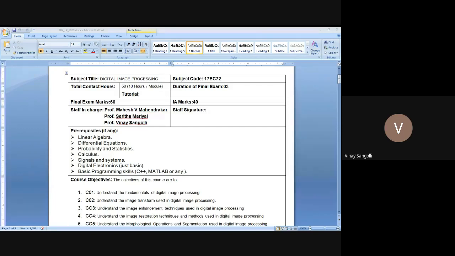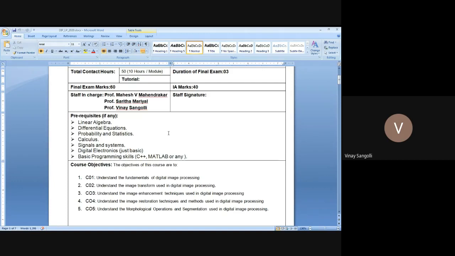So you can learn these concepts and apply them in deep learning or machine learning. Once you get to know how the image is processed, you can do the rest of the things. So that is one major thing.